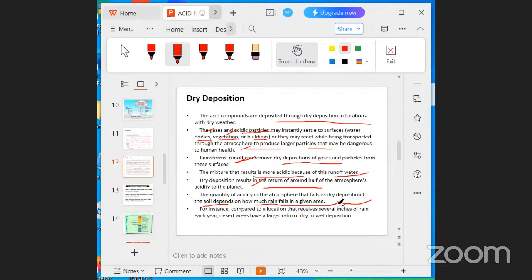For instance, compared to a location that receives several inches of rain each year, desert areas have a larger ratio of dry to wet deposition. So these are the wet and dry deposition.